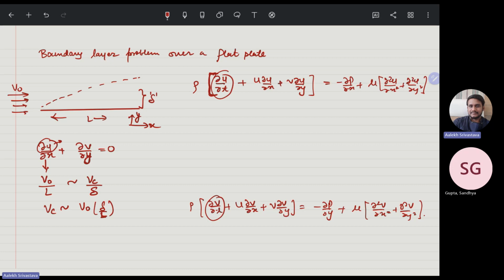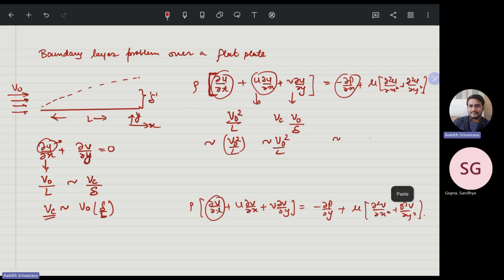Now, if we write each of the terms separately, this term is v0 square by L. This term is vc into v0 divided by delta, and if you substitute vc, it would be v0 square by L. So both terms have a dimension of v0 square by L. Now this term we will see next time.